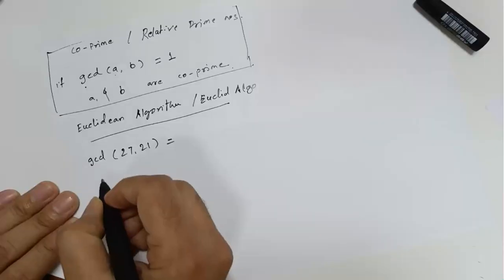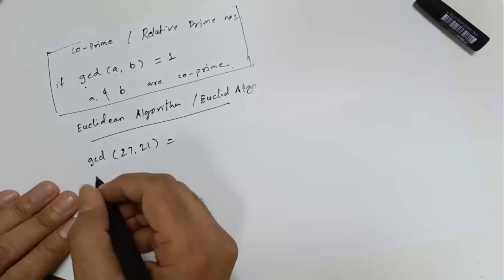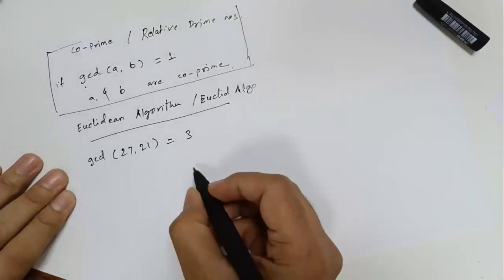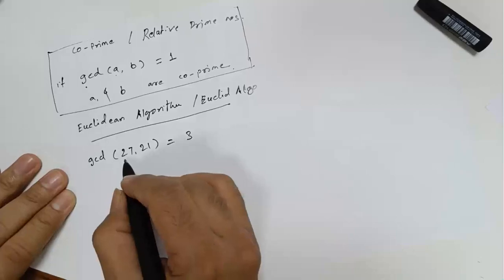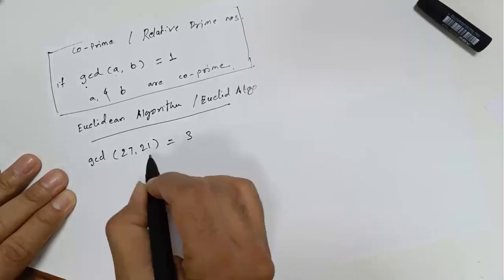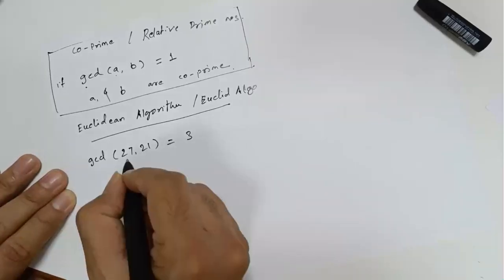Very simple thing. 3. Okay. Now let's say you're taking at least 10 or 20 seconds for this calculation, for the small numbers.